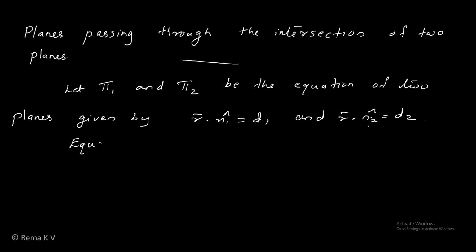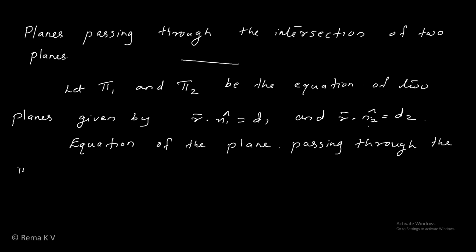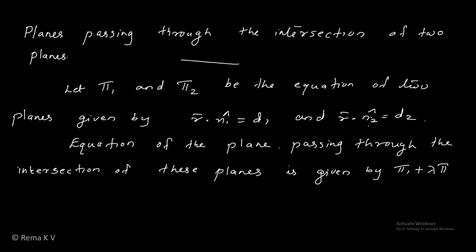Equation of the plane passing through the intersection of these planes is given by pi 1 plus lambda pi 2.